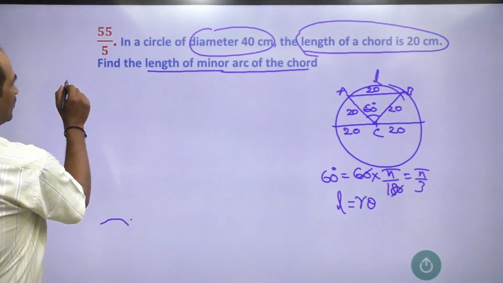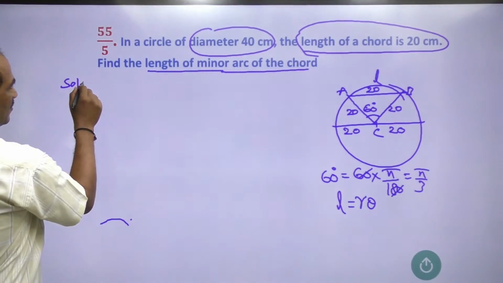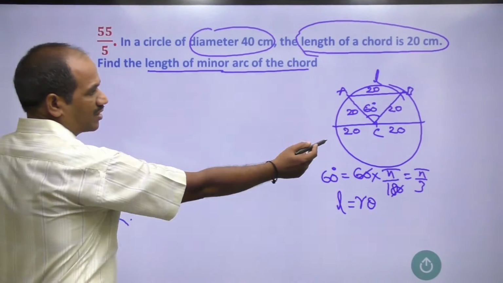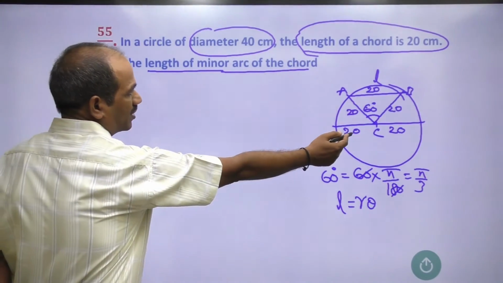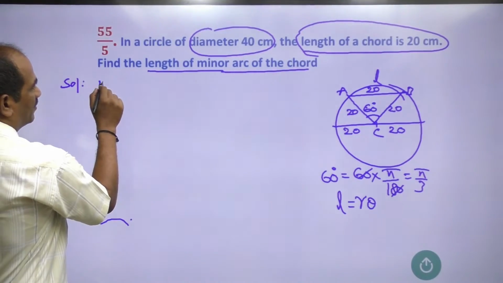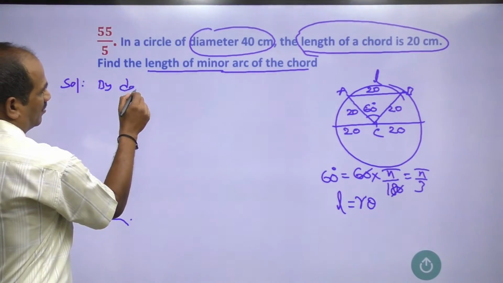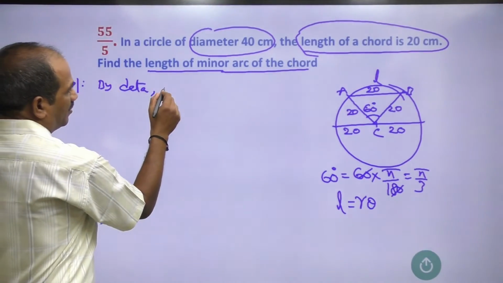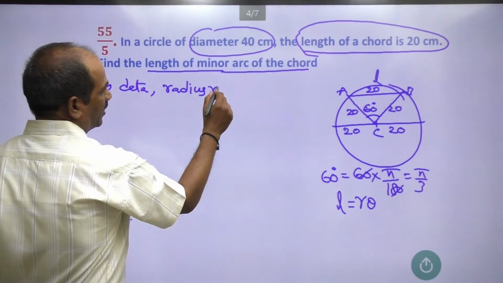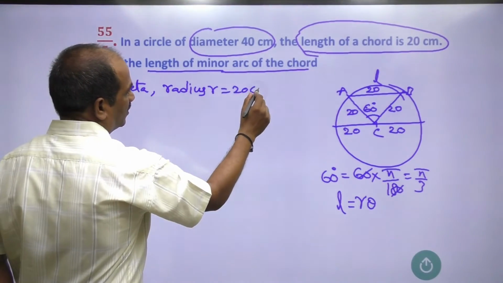So first, in the solution, this is the diameter, and the radius is 20. So r is equal to the radius, r equal to 20 centimeters.